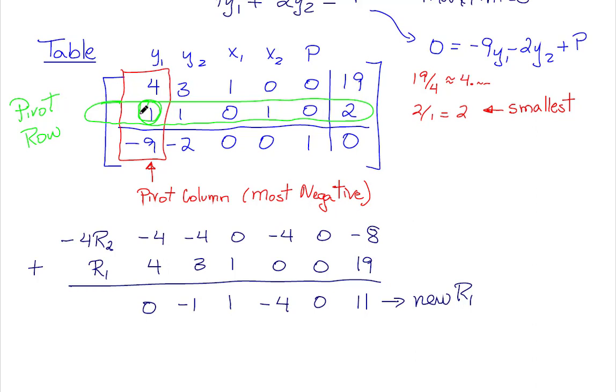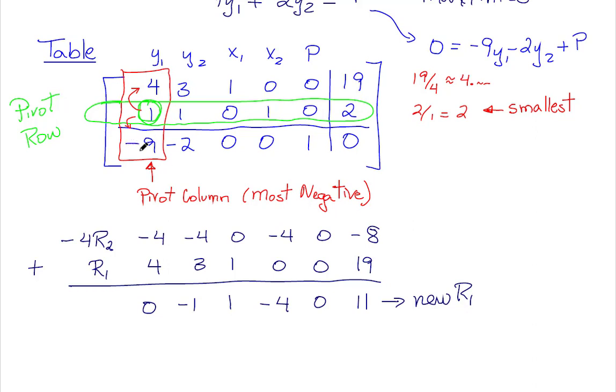So now I want to use this 1 to make a 0 above it and a 0 below it. So I'm going to take minus 4 times this row, add it to the top row. So here it is, minus 4 all the way across row 2. Here's row 1, add them up, and that's my new row 1.